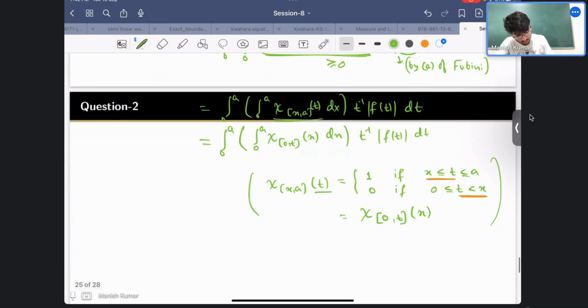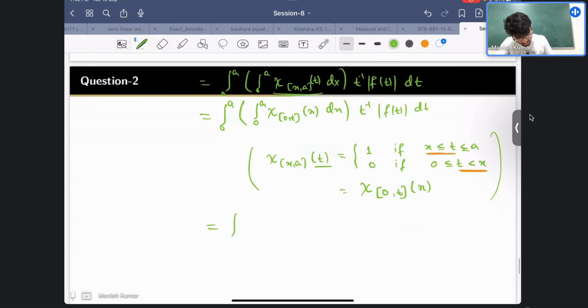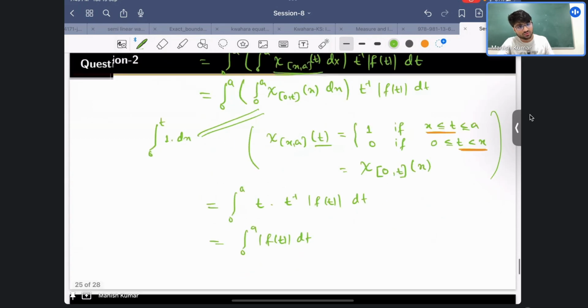Now I can write it as 0 to a, and this integral is just a characteristic function, so this integration will be nothing but the measure of this thing, right? Actually this integral is nothing but 0 to t 1 dx. So it's nothing but t into t inverse mod of ft dt, which is 0 to a mod of ft dt, and you know the function f is integrable, so this is finite.